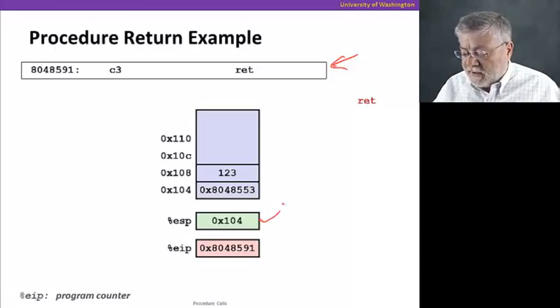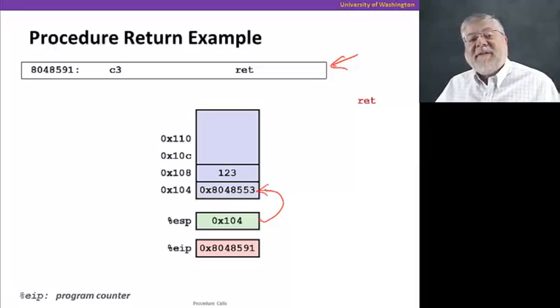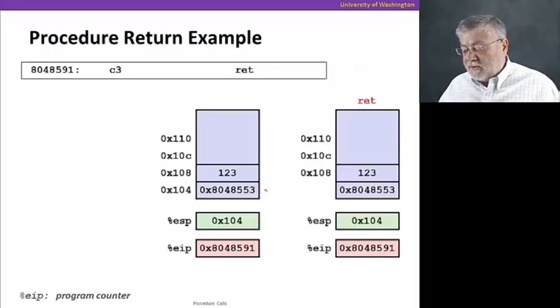So the stack pointer is pointing to that return address we had saved away, and now what we're going to do is pop that stack and get that value back so that we can go to that location next. So what the return is going to do is pop this value from the stack and store it into the instruction pointer.